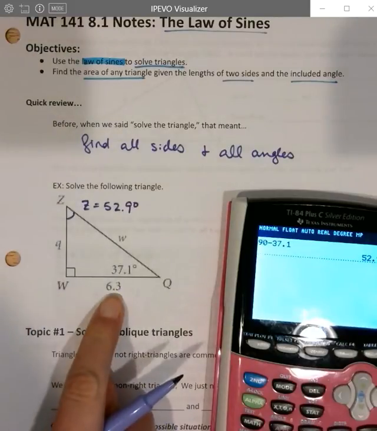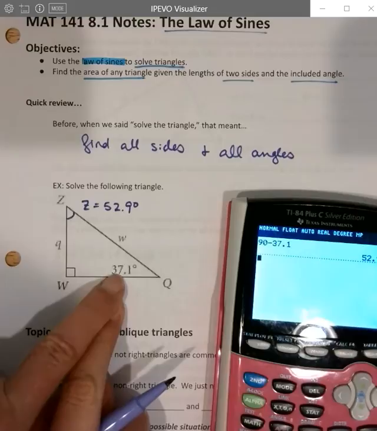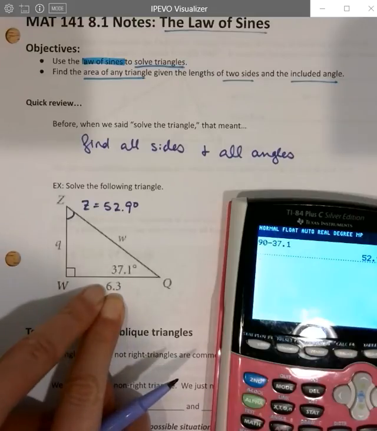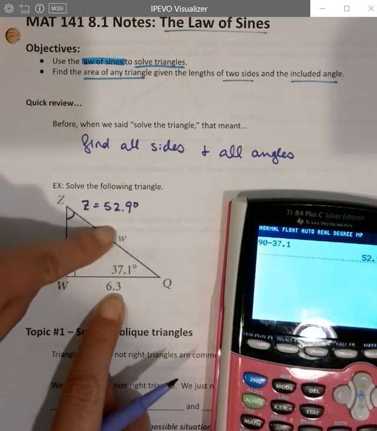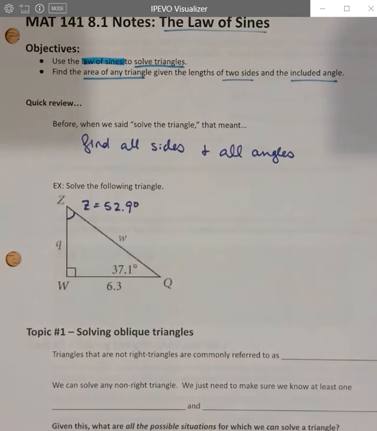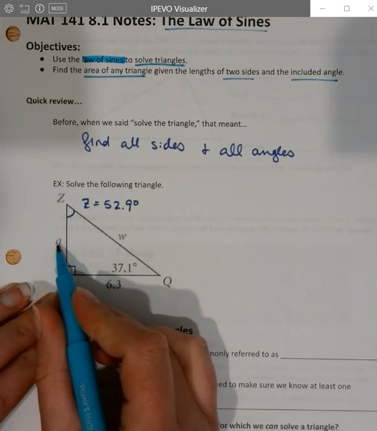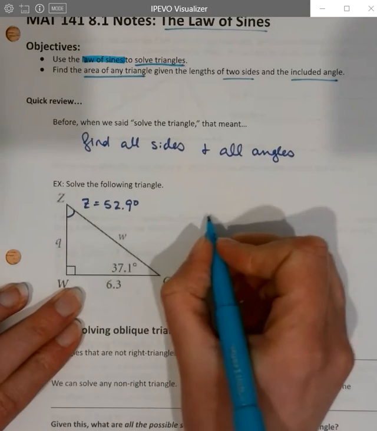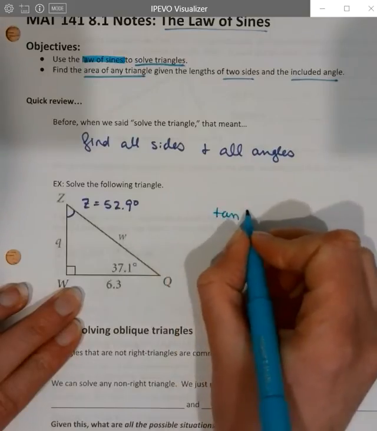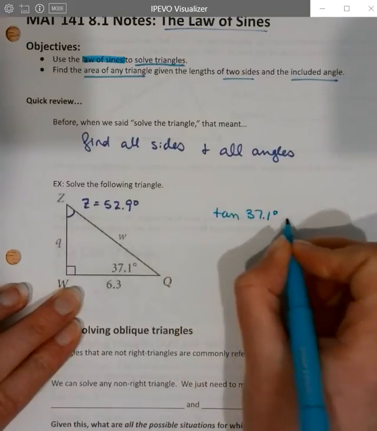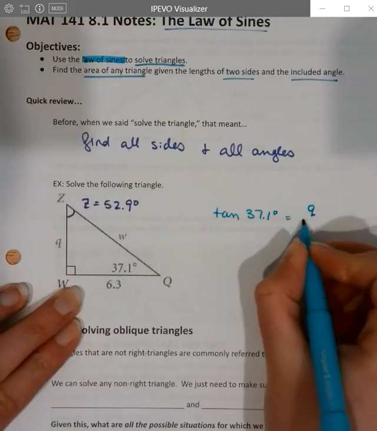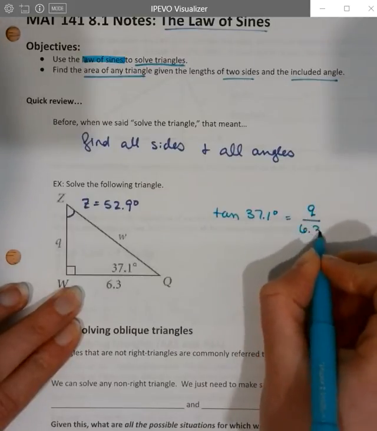Now I only have one side, but I can use the original angle and tangent to find the side Q, or cosine to find the side W. So we'll get going with those two things as well. If we use, say, let's find little q first, that would be opposite over adjacent, so that's tangent. So tangent of 37.1 degrees equals little q divided by 6.3.